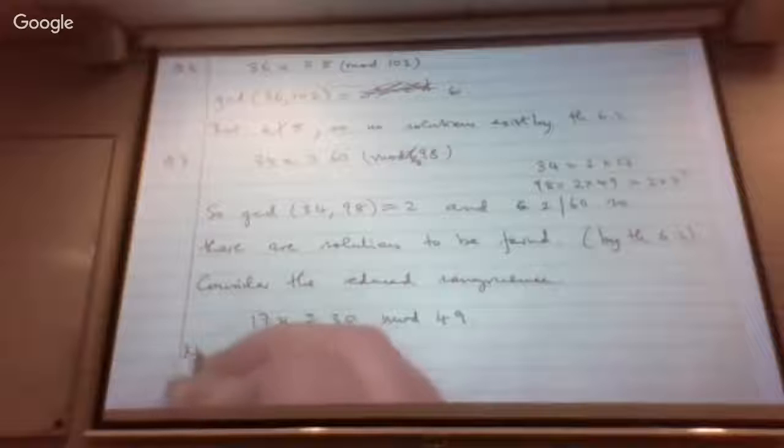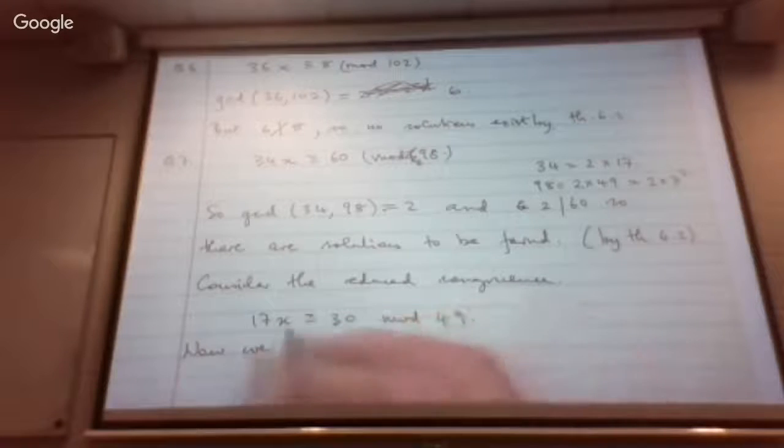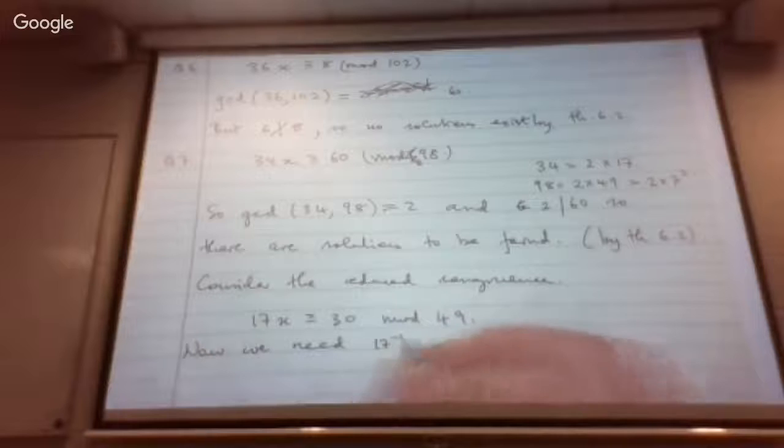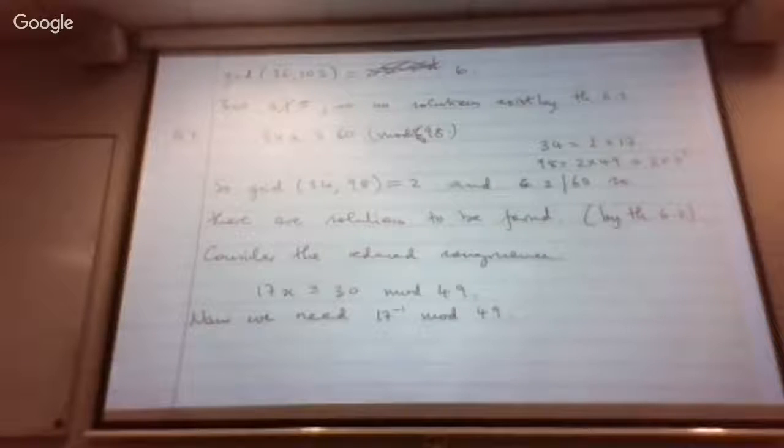Now we need the inverse of 17. We want to get the unique solution. So we need 17 inverse modulo 49. And I think I can do that in my head.